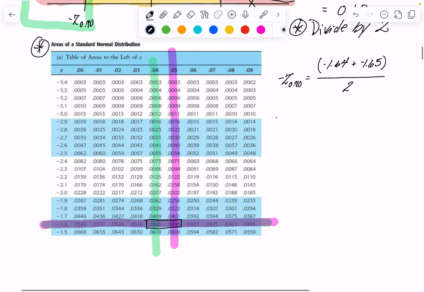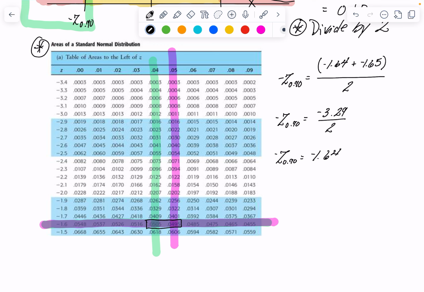And we're going to divide that by 2. So here we see that we have negative 1.64 added to negative 1.65, which is negative 3.29, divided by 2. This number is negative 1.645. I know this sort of breaks the rule we talked about earlier about our critical value only going up to the hundredths.